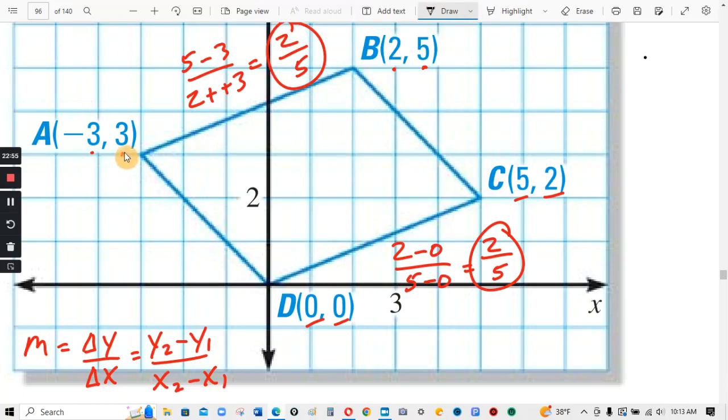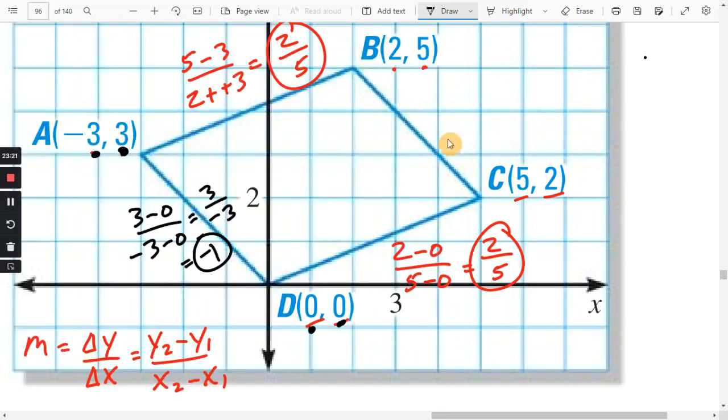Change in y, I'm going to do 3 minus 0. Change in x, negative 3 minus 0. 3 minus 0 is 3. Negative 3 minus 0 is negative 3. And 3 divided by negative 3 is just negative 1. How about the other side?